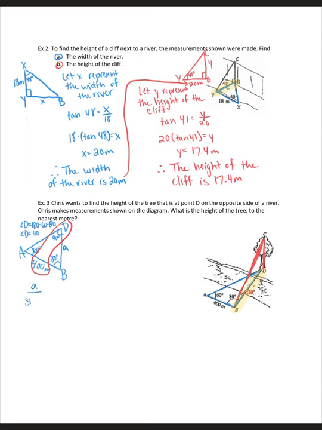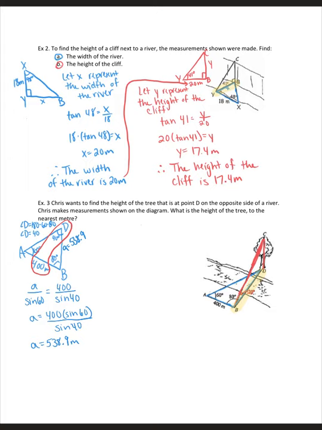So we're going to say A over the sine of 60 is going to equal 400 over the sine of 40. All right, we'll cross multiply. So 400 times the sine of 60 over the sine of 40. And we should find that equals 538.9 meters.